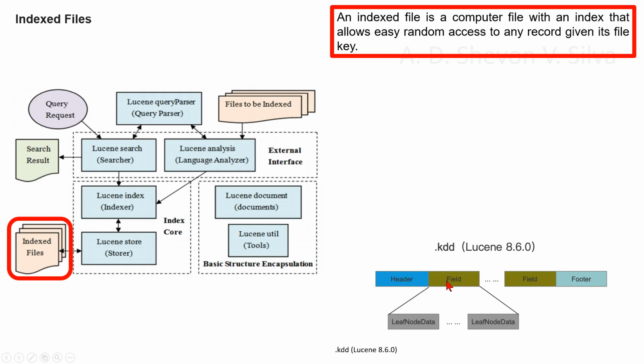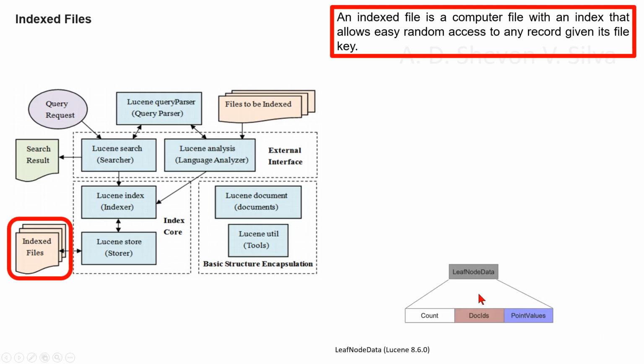Here you can see the .kdd file structure: header, then fields, then footer. The field consists of leaf node data and the data segments.